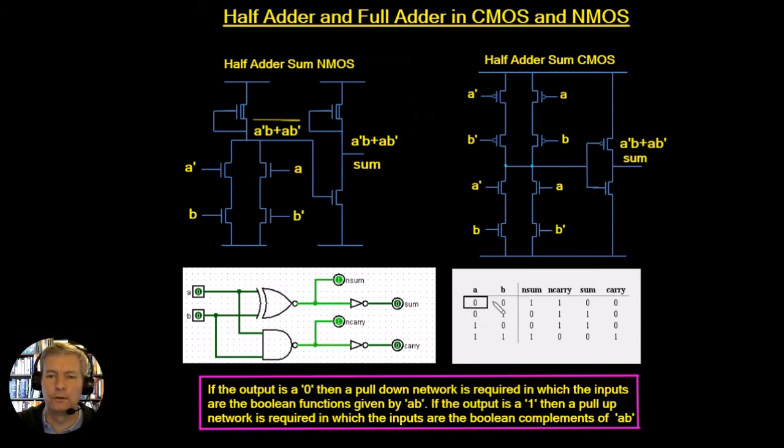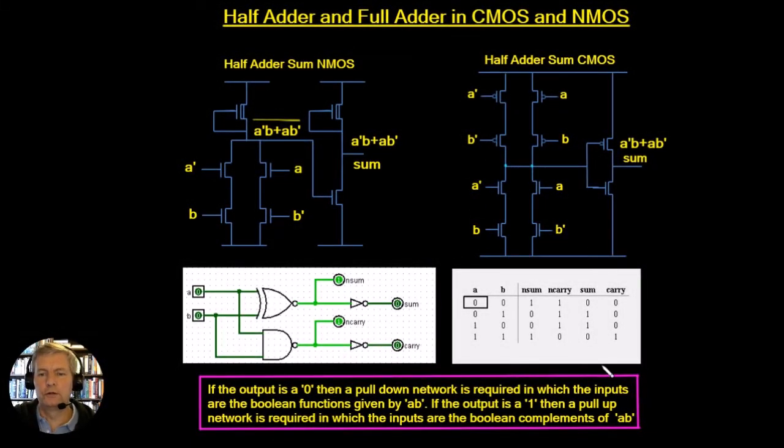The Boolean complement of 0, 0 is 1, 1, which is just going to be our A and our B here. Now this other one here, the output of 1, is going to be the Boolean complements of these here. That's going to be 0 and 0, so that's going to be our not A and not B. So we're going to have A and B in series, and both of these are going to be in parallel with not A and not B. That's how you read off the truth table and generate the actual function here.